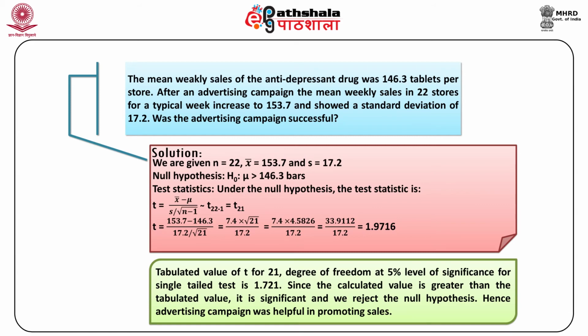So t equals 153.7 minus 146.3, the whole divided by 17.2 divided by square root of 21, which comes out to be 7.4 multiplied by square root of 21 divided by 17.2, which on calculating equals 1.9716. The tabulated value of t for 21 degrees of freedom at 5% level of significance for a single-tailed test is 1.721.